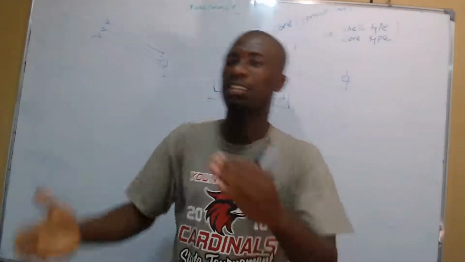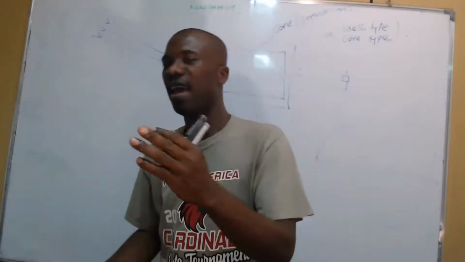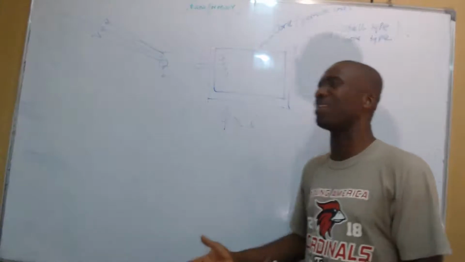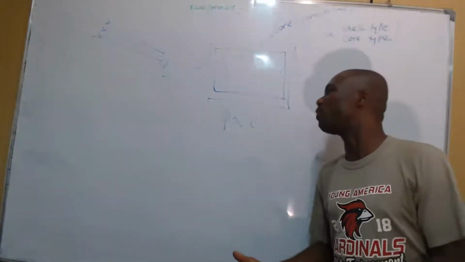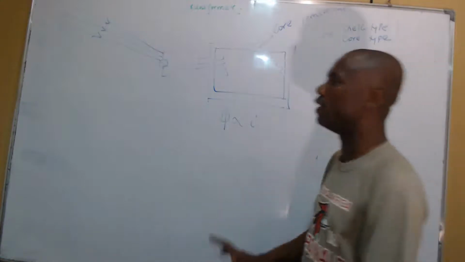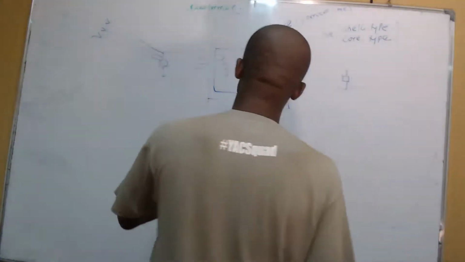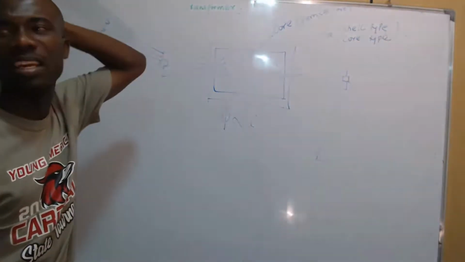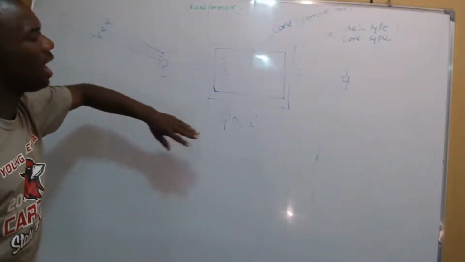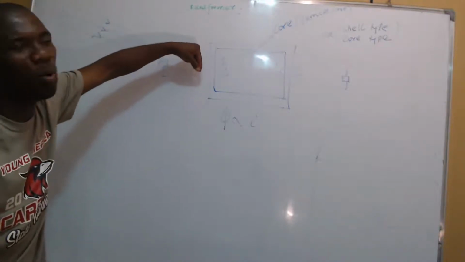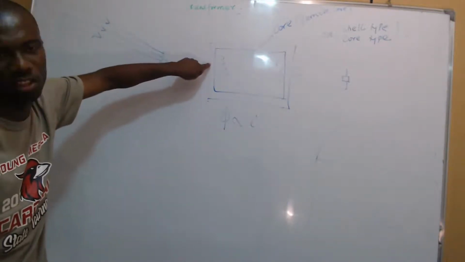The frequency of the system could rise or fall, and in such a case, there will be instability in the power system, or loss of synchronism in the power system. I'm not going deep into it. What I'm trying to tell you is that current and flux are in direct proportion in the case of a transformer. The current that comes in here energizes the wire and then produces a flux.